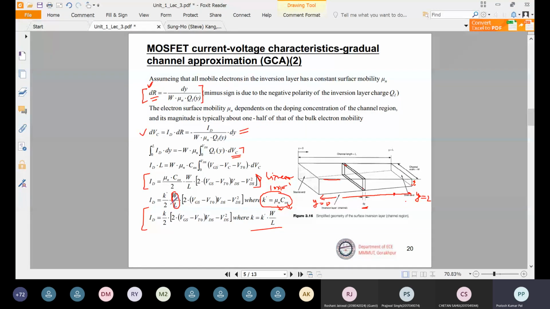After combining K dash with W by L, it will be considered as K. You should not be confused between K dash and K; there are some differences between them. These are the standard representations you need to take care of.